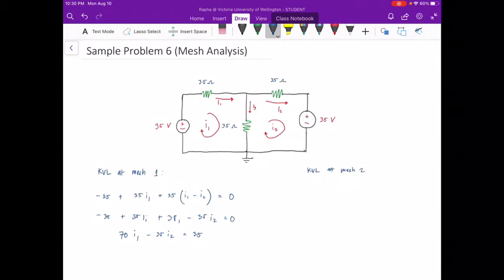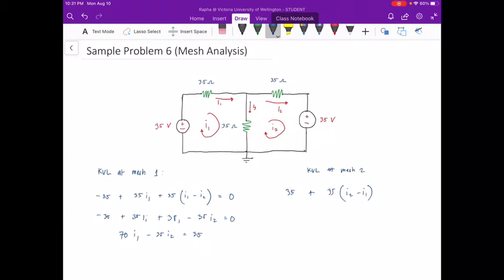So we have positive 35 because it touches the positive terminal first, plus 35 for the middle branch. We have 35 ohms times I2 minus I1. In reference, at mesh 2 we have I2, but the current at the middle branch opposes mesh current 1.